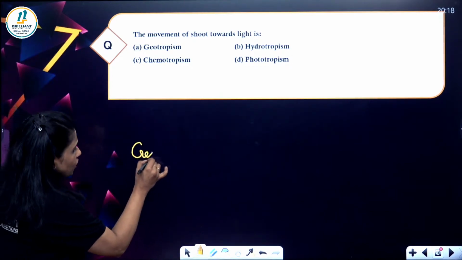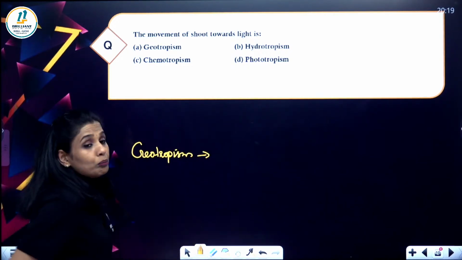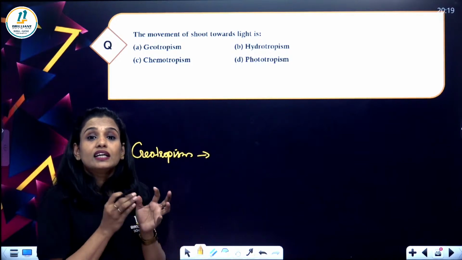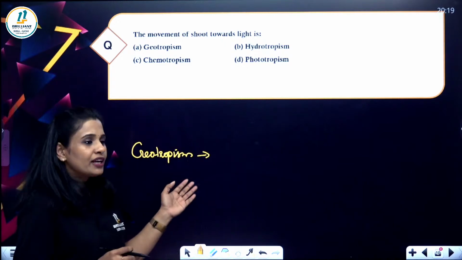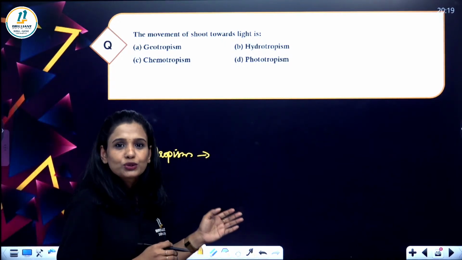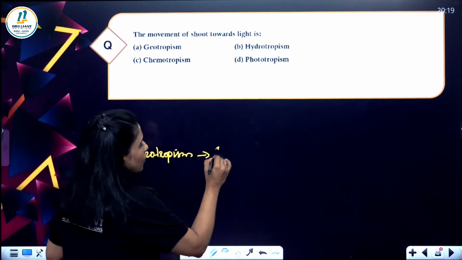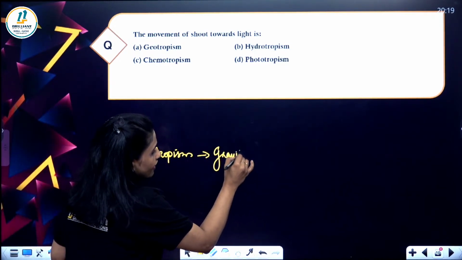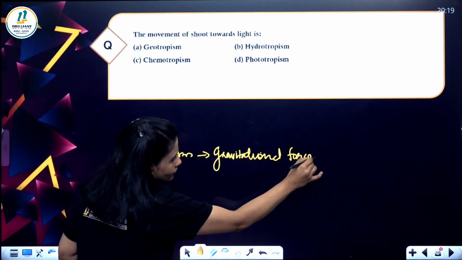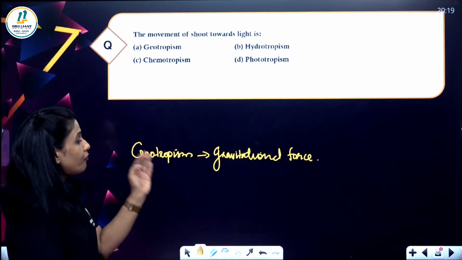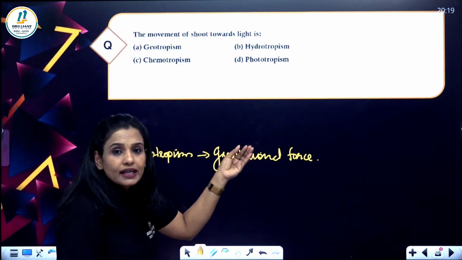Movement of plant parts in response to gravitational force is called geotropism. Movement of plant parts towards the Earth's gravity, that is called geotropism.